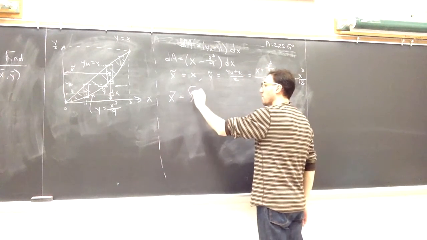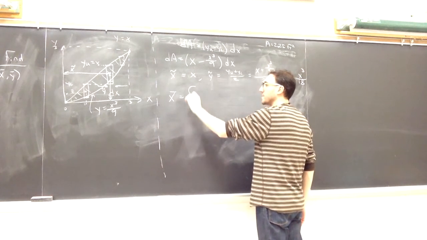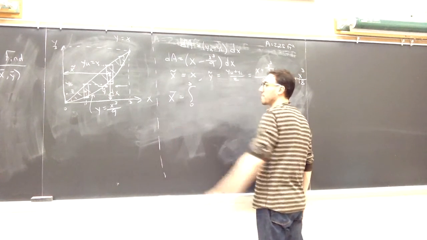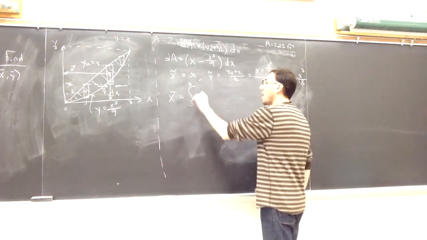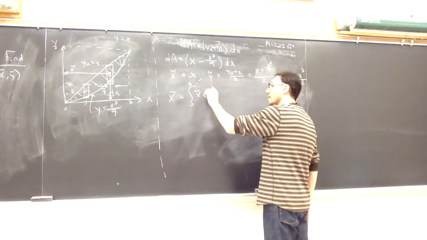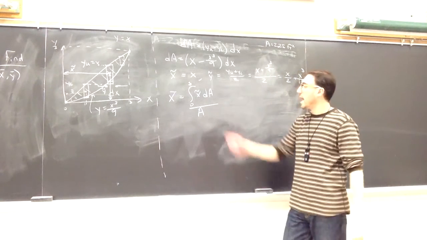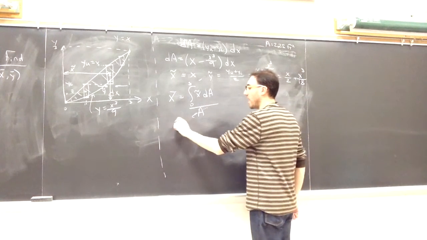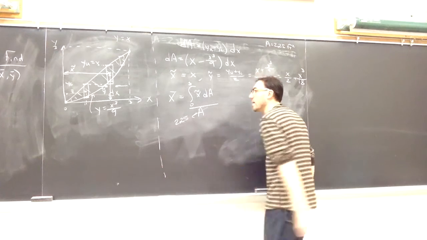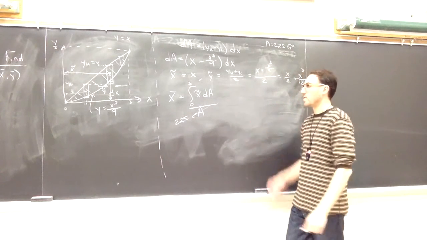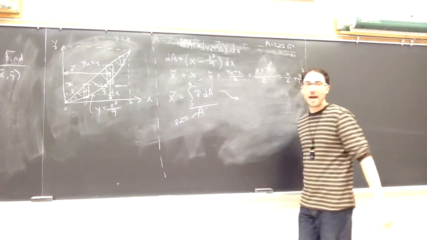This is going to be the integral from, in this case, 0 to 3 of x tilde dA over A. A I already know is the 2.25. I don't need to recalculate that. It's really just the numerator that I need to figure out.